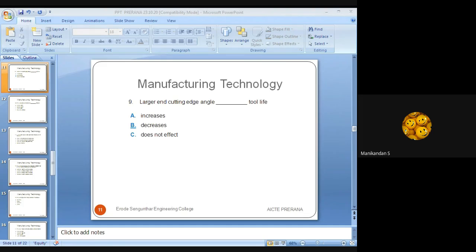Due to that, stress concentration and poor heat dissipation will decrease the tool life. So a large end cutting angle always decreases the tool life. So option B is the correct one: larger end cutting angle decreases the tool life.